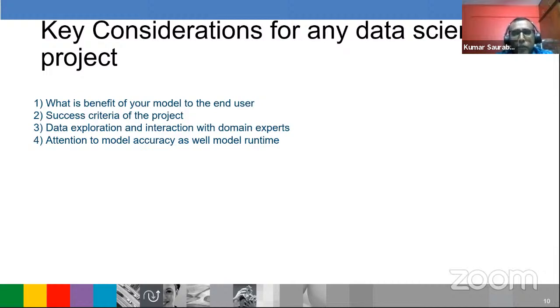But in an industry setting, in an enterprise, if I build a really complicated model that takes a lot of time to run, then it won't be feasible to implement such a thing in production. So between model accuracy and runtime, sometimes you might have to do a trade-off. Even if the accuracy reduces a bit, if the runtime is within acceptable limits, only then are models qualified to go into production.